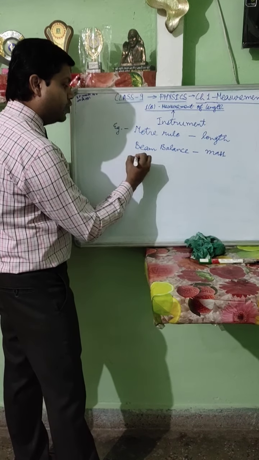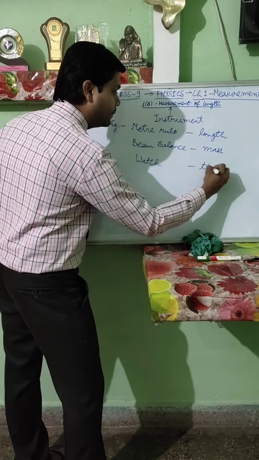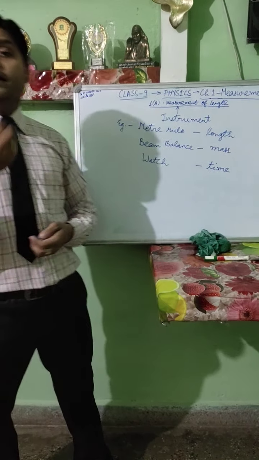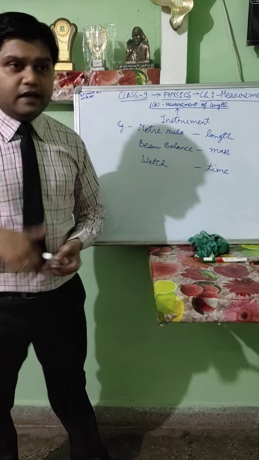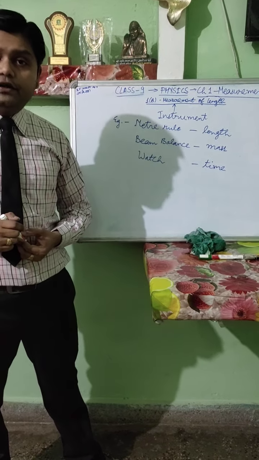In the same way, a watch is used for measurement of time. As we all know, again and again we are seeing the watches. Right now it's 2:15, then 3, 4, 5. How are we able to find it out?